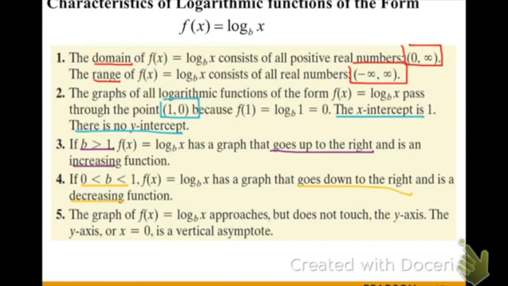But if b is a fraction between 0 and 1, the graph is still going to go to the right, but in this case it's going to start going down. So it's going to be starting up by the y-axis and then going down towards the right, making this a decreasing function. And like we already mentioned, the logarithmic graph is going to have a vertical asymptote on that y-axis.